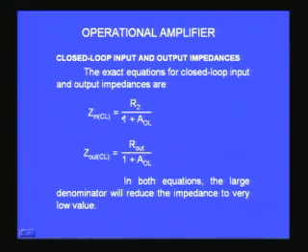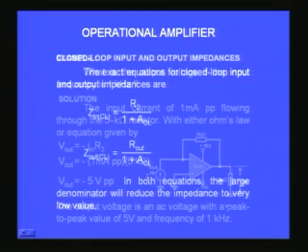So the input resistance is going to be very small, much smaller than R2. Similarly, the output resistance with closed loop configuration is R output without feedback divided by 1 plus AOL. Again, this is going to be a very small value at the output also. So both the input and output impedances will be reduced to a very low value by this feedback. Now let us take an example.